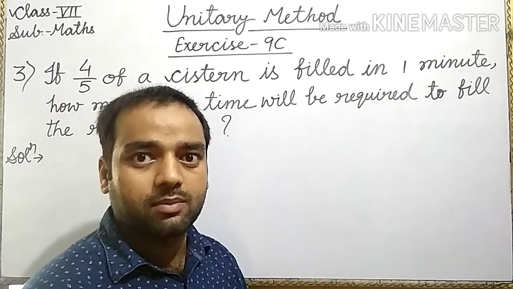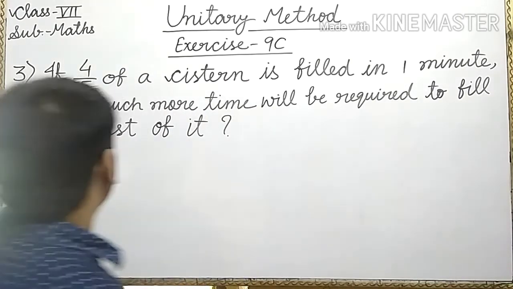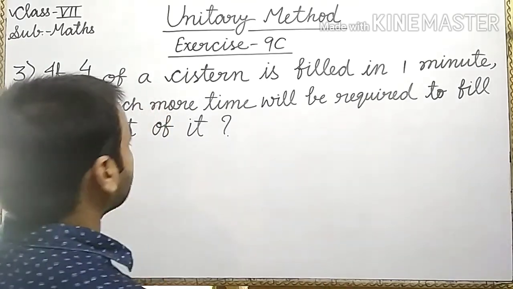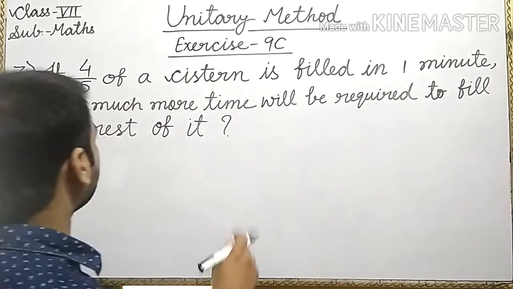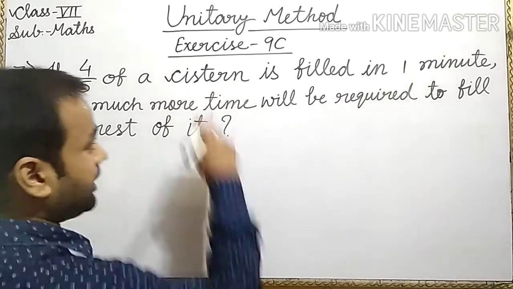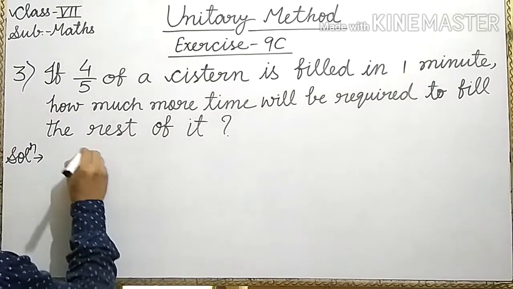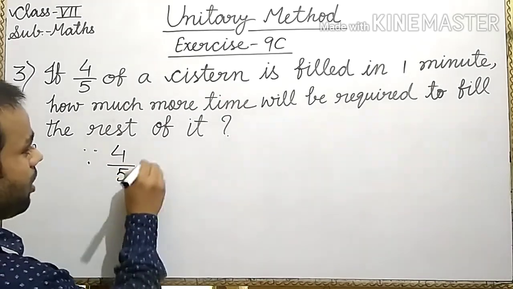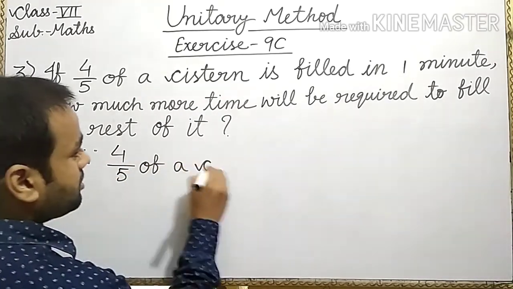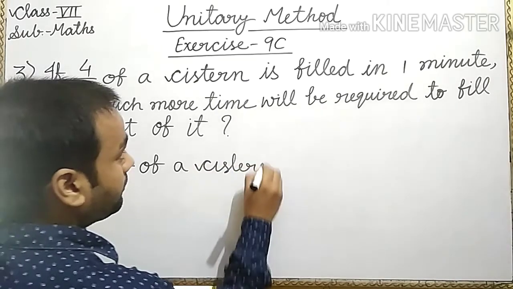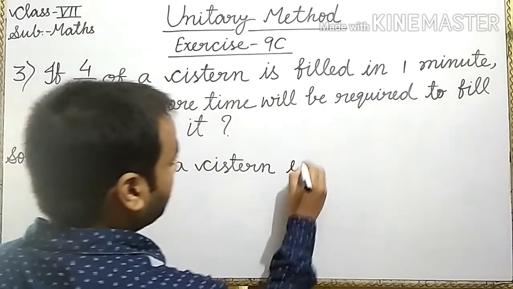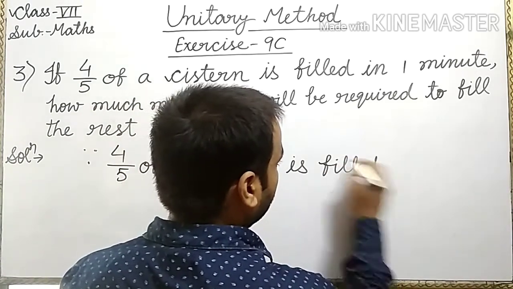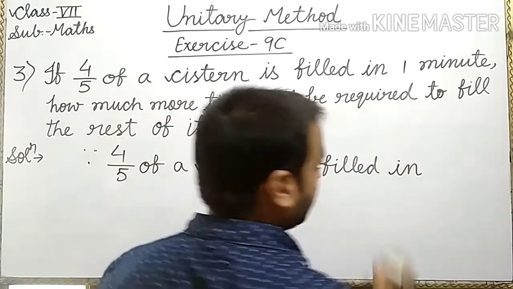In question number 3, if 4/5 of a cistern is filled in 1 minute, how much more time will be required to fill the rest of it? So here rewrite the first statement. Since 4/5 of a cistern, means tank, is filled in 1 minute.